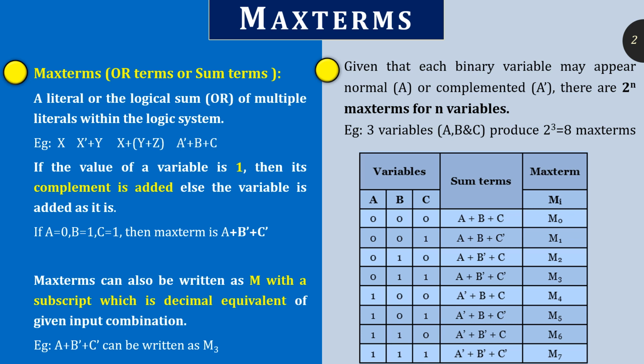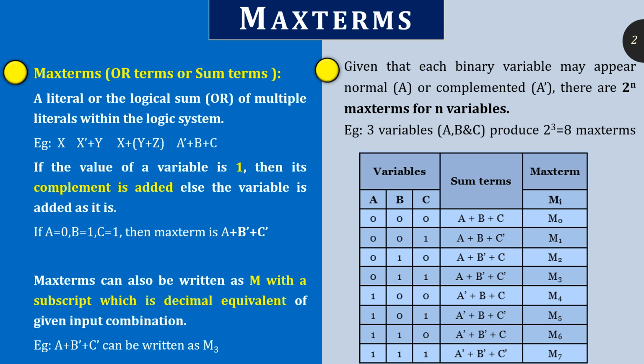So the max term, that is the sum term or the OR term, for the combination a is equal to 0, b is equal to 1, c is equal to 1, is a plus b complement plus c complement. These max terms can also be written as a subscript on the capital letter M, which is the decimal equivalent of the given input combination.